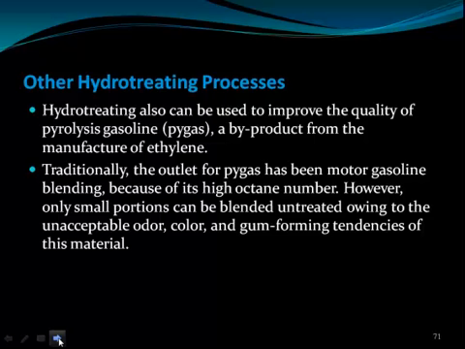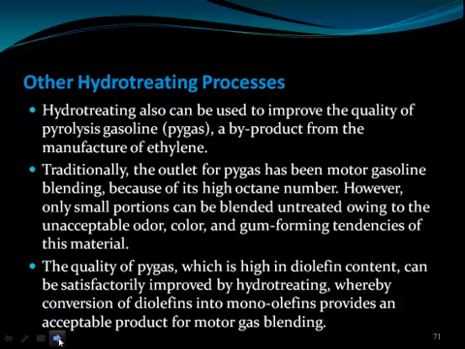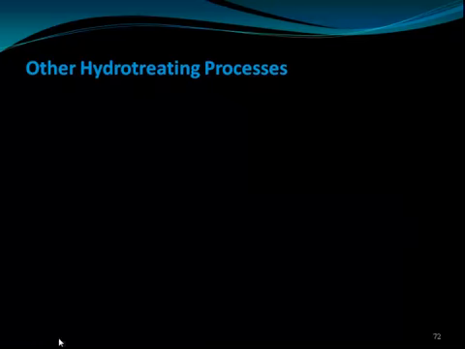However, only a small portion can be blended untreated owing to the unacceptable odor, color, and gum forming tendencies of this material. The quality of pi gas, which is high in diolefin content, can be satisfactorily improved by hydrotreating, whereby conversion of diolefins into monoolefins provides an acceptable product for motor gas blending.